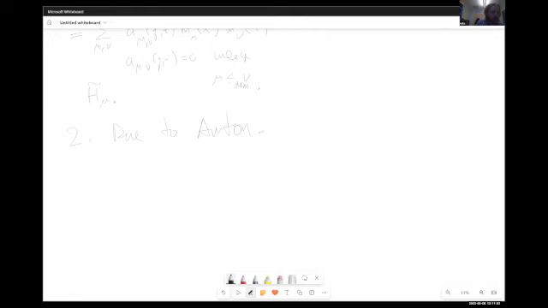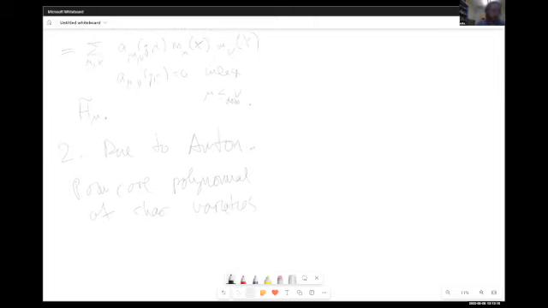And it's in the paper on character varieties, Poincare polynomial of character varieties, and also Macdonald polynomials and Springer fibers.